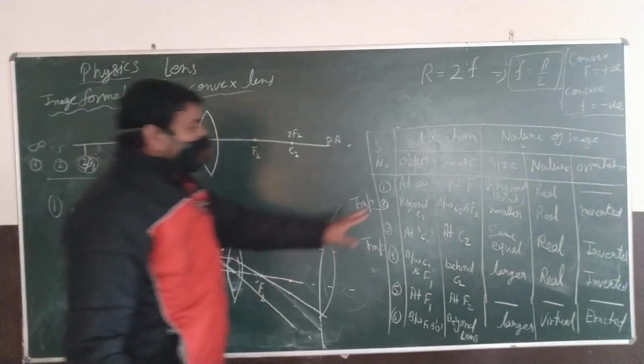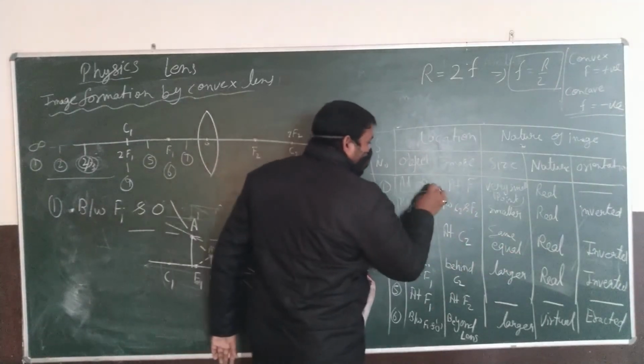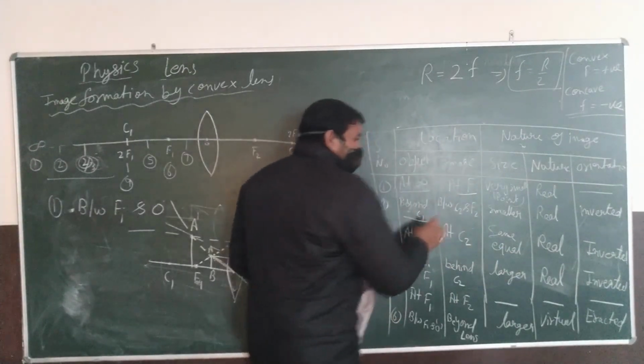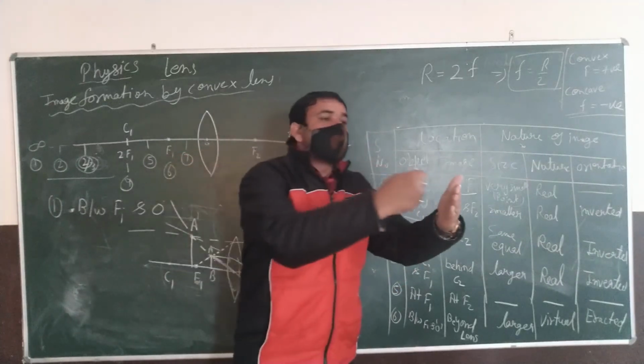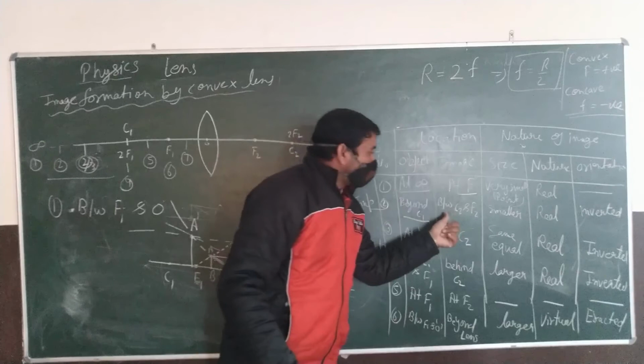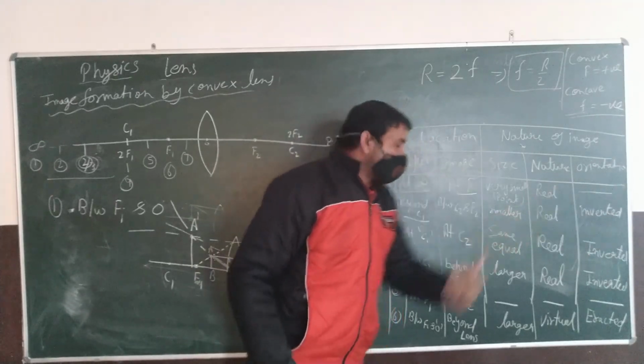Now by using this table, what do you observe? At infinity, image at F; as the object is traveling towards the lens, the image is traveling beyond the lens, far from the lens.